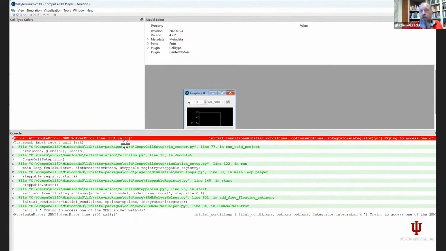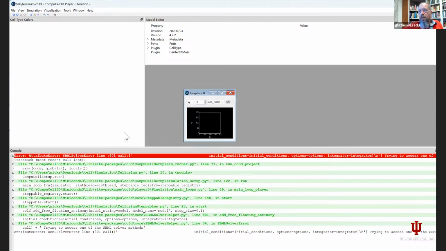Okay, so that unfortunately is not something that we are going to be able to deal with now. That is an install problem with your version of CompuCell. Gotcha. And I'm not sure what to do about that. I think to get that to work, you're going to have to reinstall CompuCell. And I believe that I was working with Gabriel on this, and he had installed a different package after CompuCell.